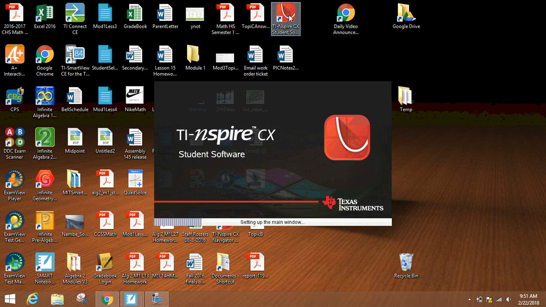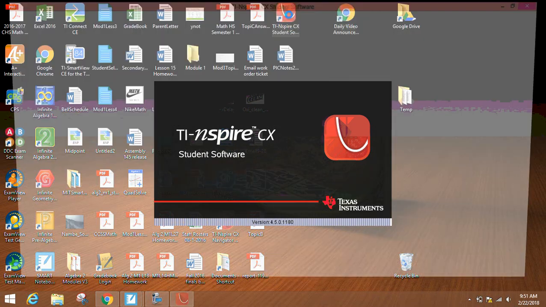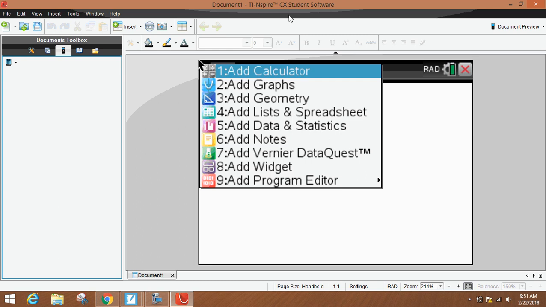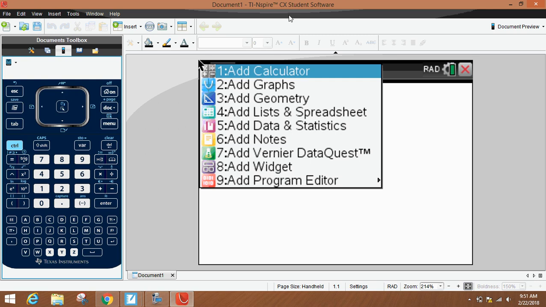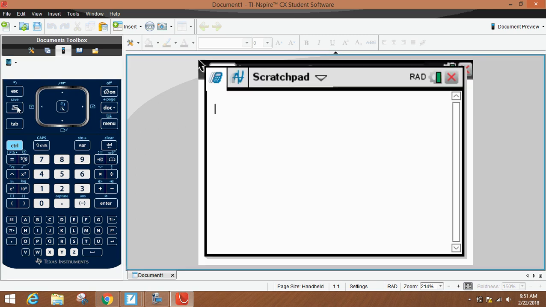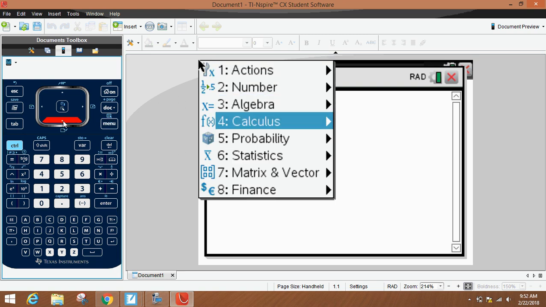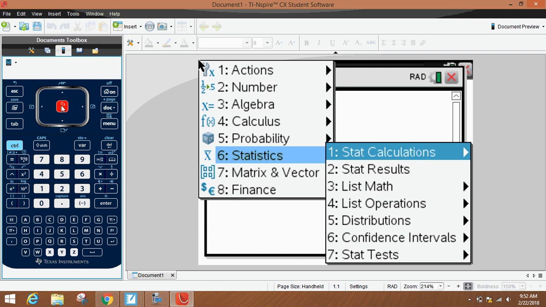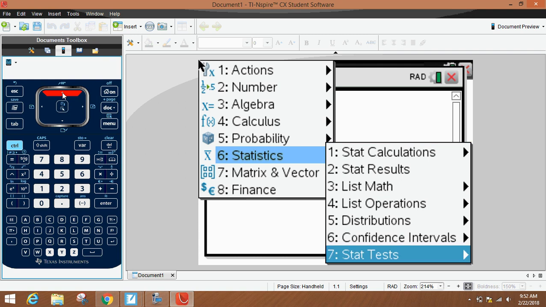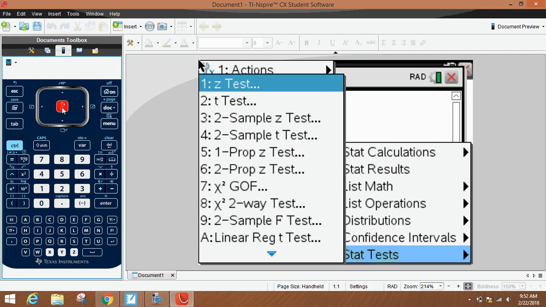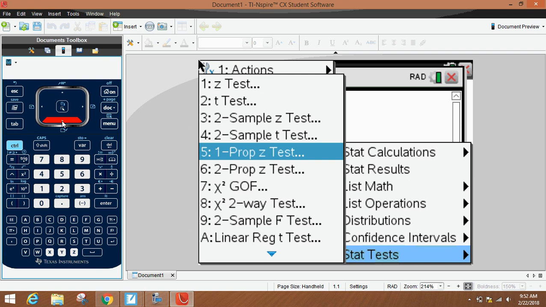If I do a one proportion Z test on my calculator, it gives me everything I need. So let's go ahead and do that. I can just use my regular scratch pad, hit menu, statistics, go to stat tests, and we do a one proportion Z test.